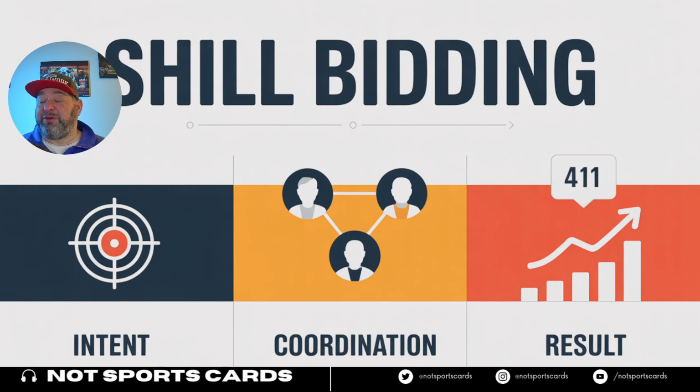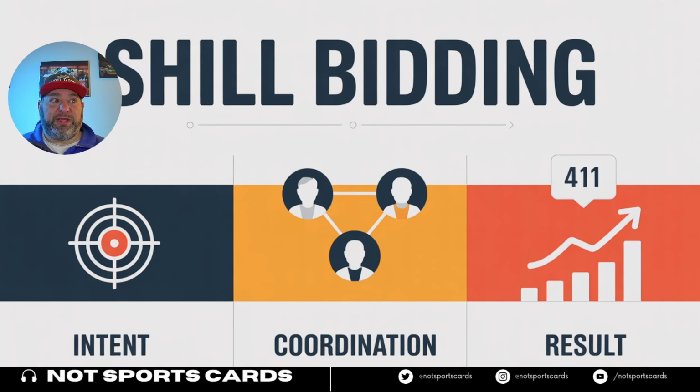That's why all three levels of intent, coordination, and result matter. If you're trying to create fake information for other people to act on, I think that's clearly shilling. If you're enforcing a floor, I don't know what is really wrong with that.